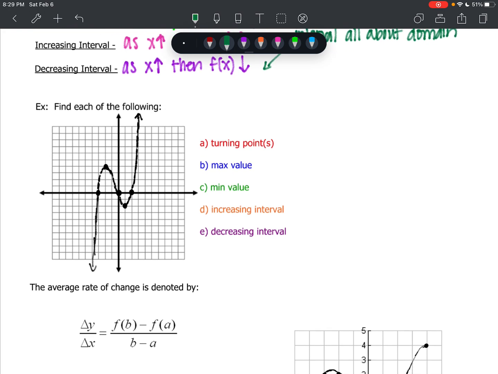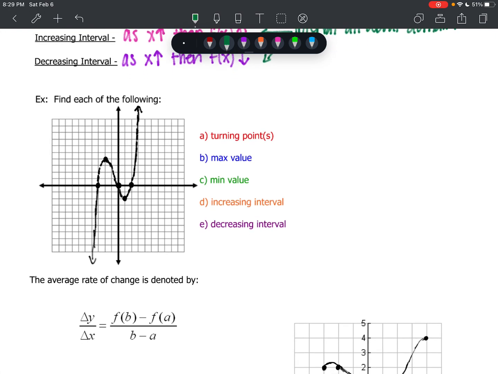So for this graph, let's find the turning points, the max value, the min value, increasing interval, and decreasing interval. So let's find those turning points first. The turning points are going to be where the graph turns. So it's going up, up, up, and then it turns down, down, down. Okay, so we also call those maximums and minimums.